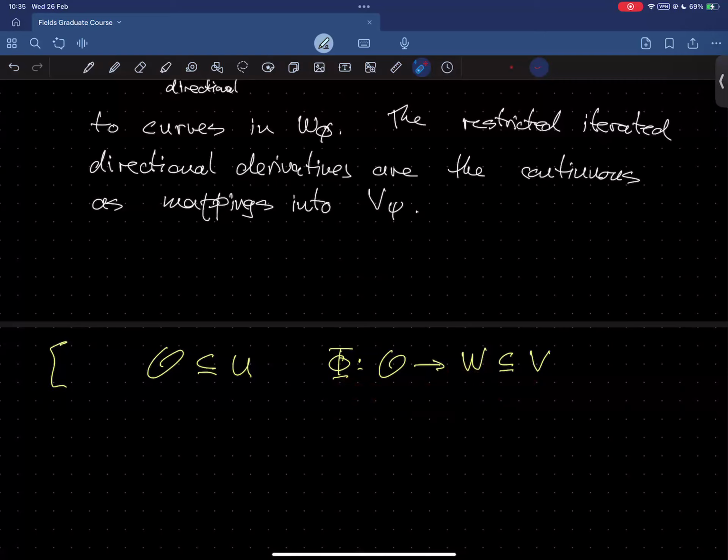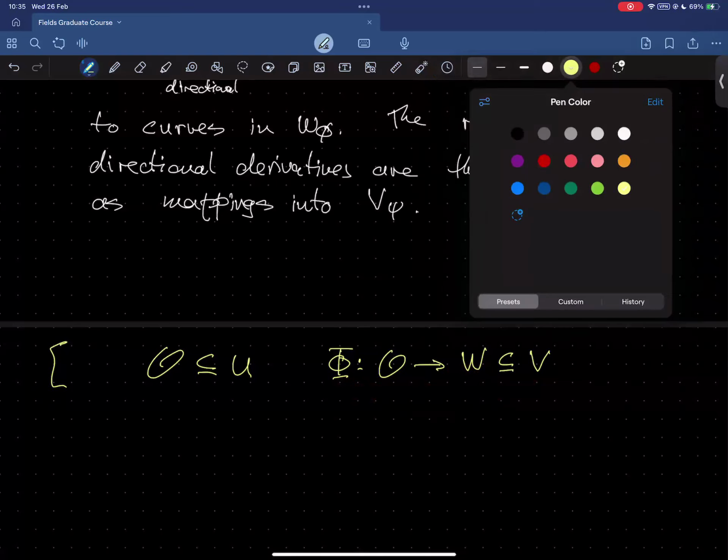That's where the sequentially closed business comes from.